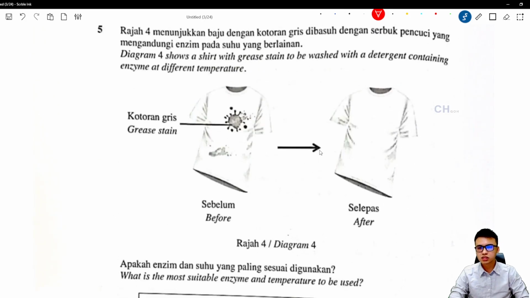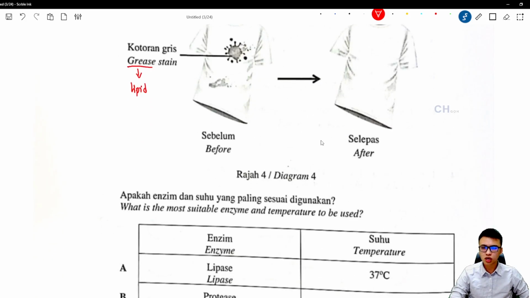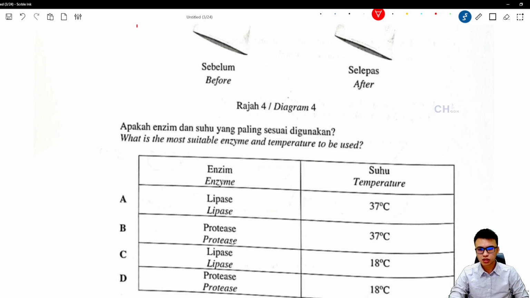Since this grease contains a lot of lipids, or so-called fat, if we want to digest the lipid using the enzyme, we are going to use lipase. So protease is out. The temperature here is 37 and 18. Of course, I will choose 37. Why? Because this is the human body temperature, and lipase works well under this temperature. So the answer should be A.